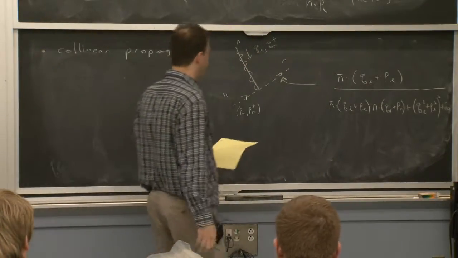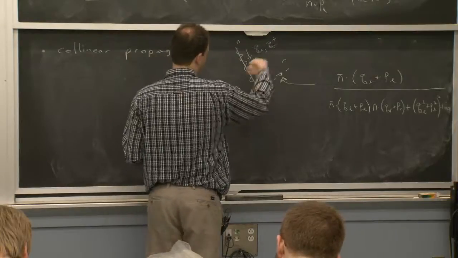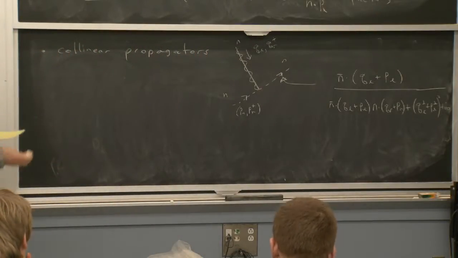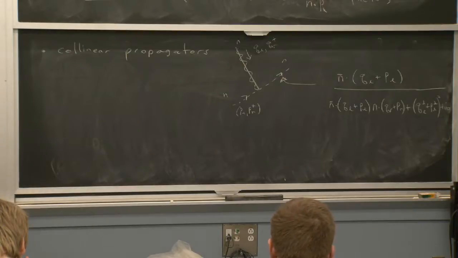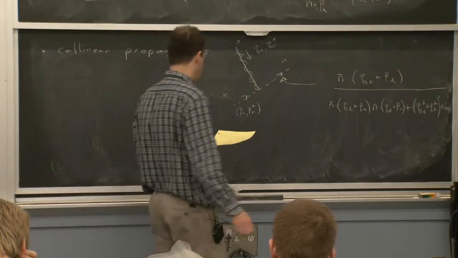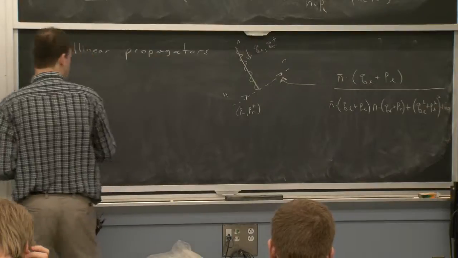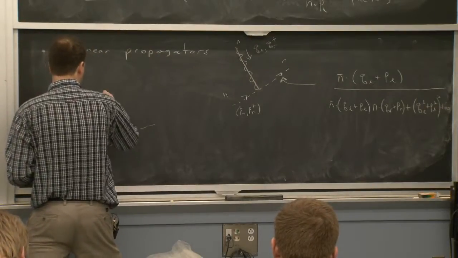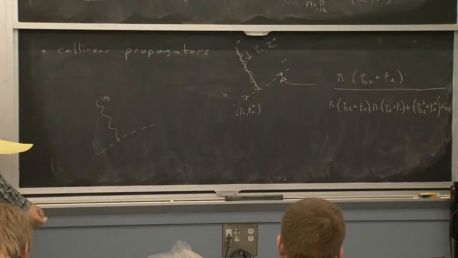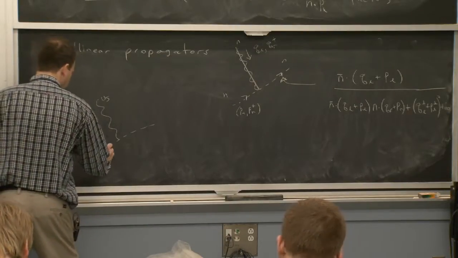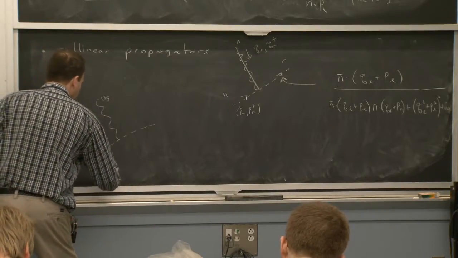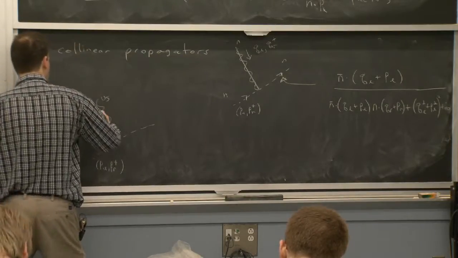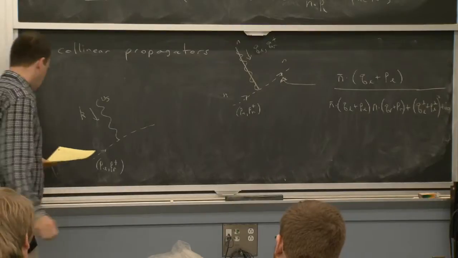We're still dropping residuals, but if we're just talking about collinear particles, then the residuals are kind of redundant. The purpose of the residual momenta is when we're talking about both collinear and ultrasoft particles. So the other case that we need to treat is when we have an ultrasoft particle. We could, of course, have both of them at the same time, but let's treat this case. So we have P_L, P_R plus, some K, which is purely residual.